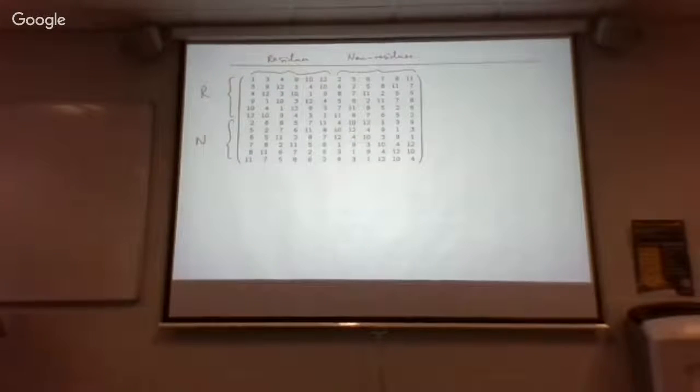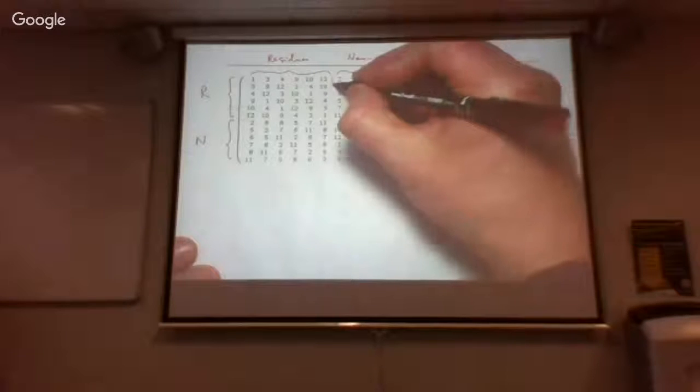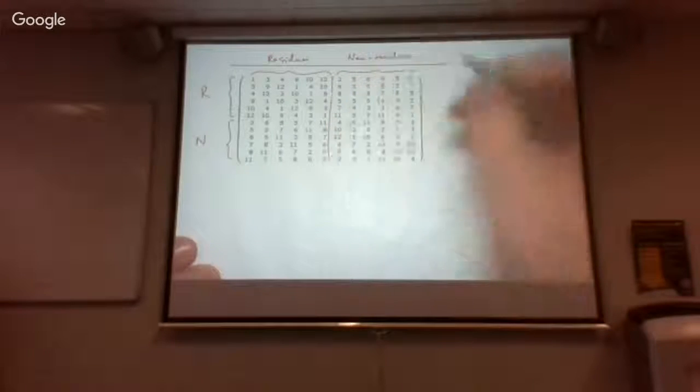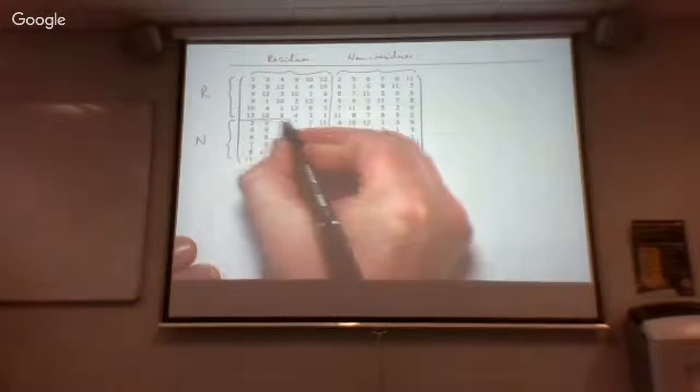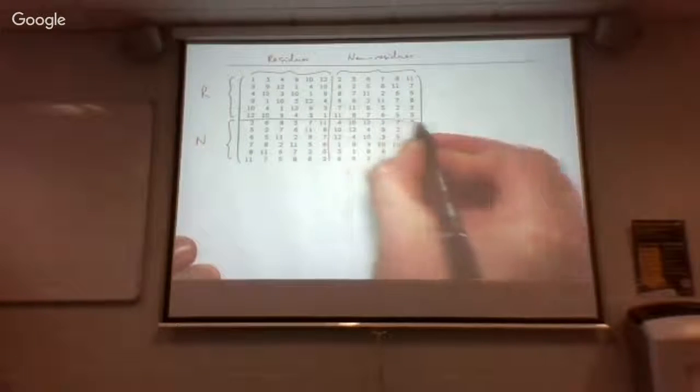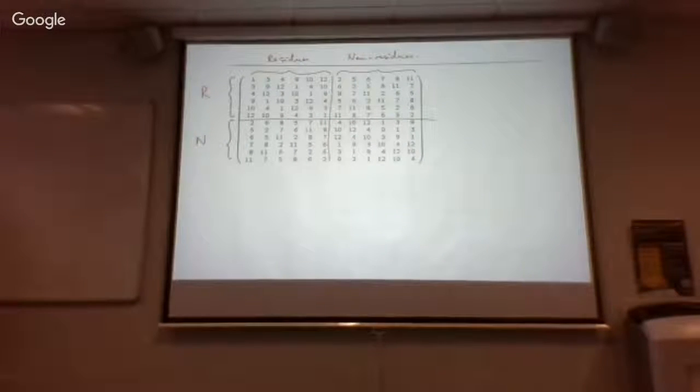What do you notice about that table? We do notice something striking about this multiplication table. Anybody see any structure there? Any features of the entries in the table?